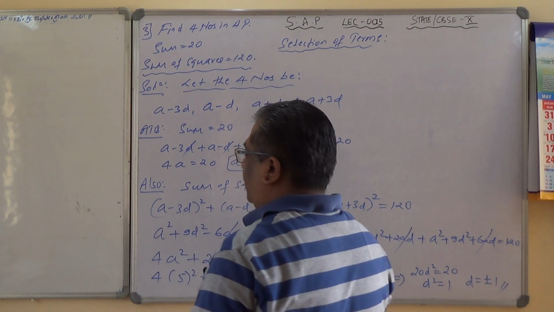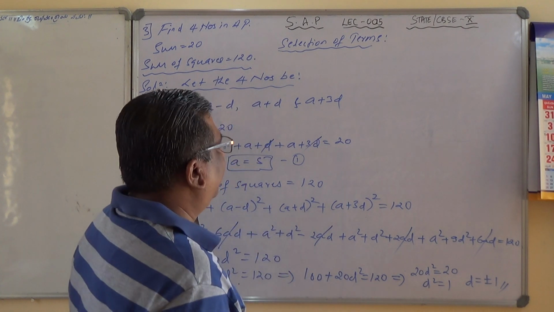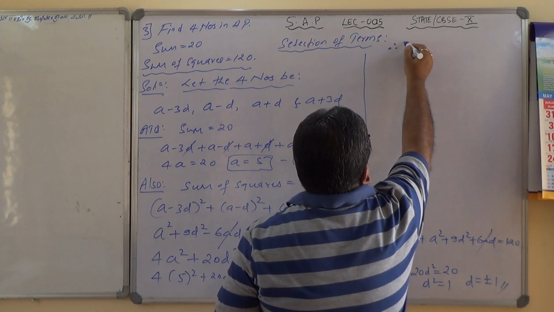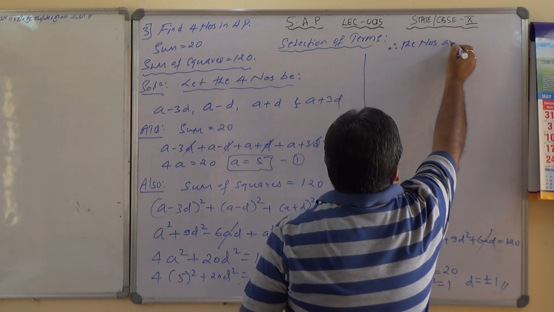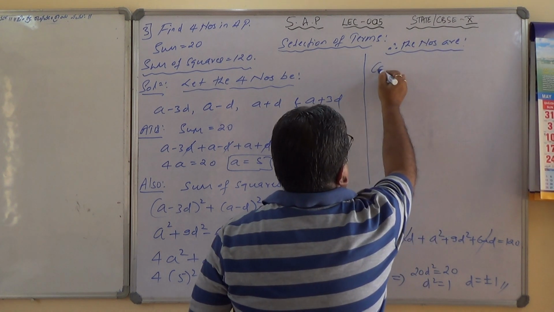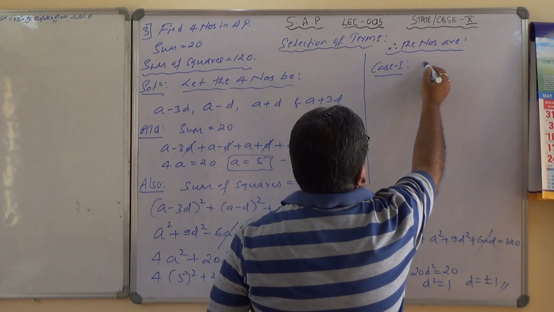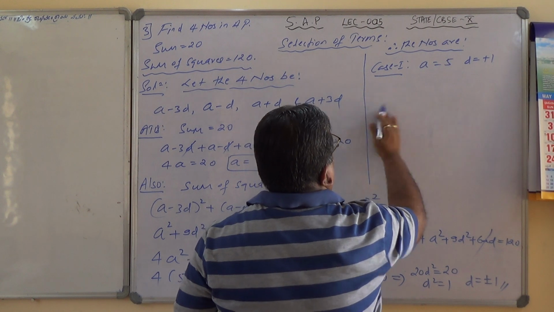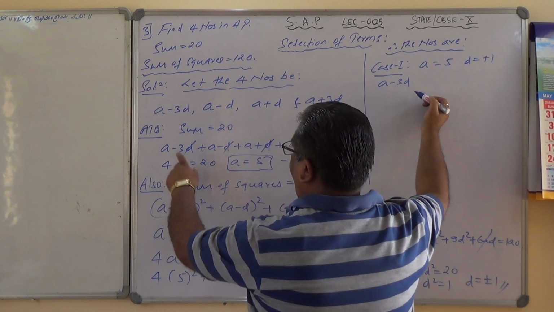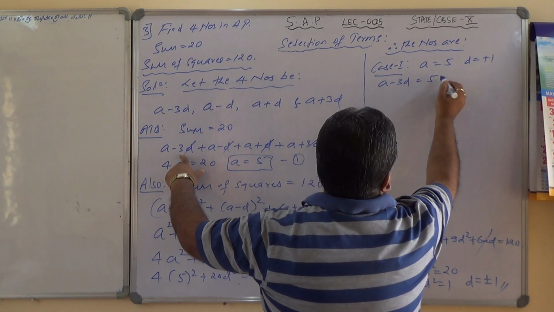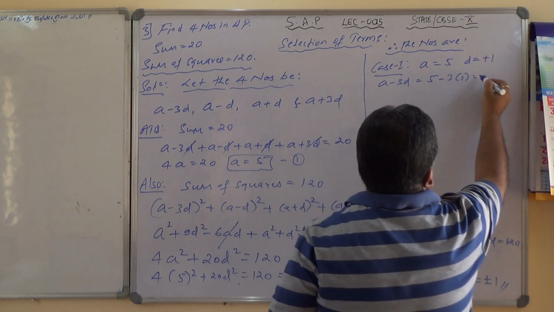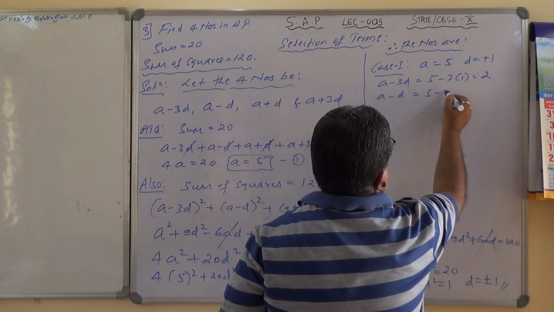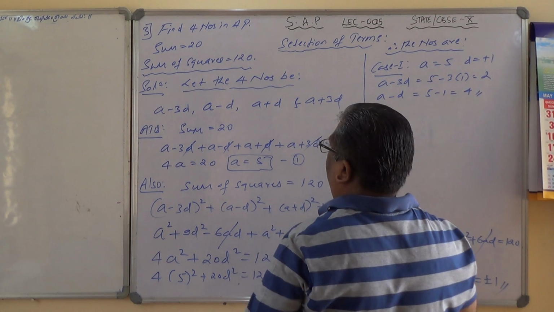Let me check. Correct. d is equal to plus or minus 1, and therefore the numbers are, here again I have case 1 and case 2 to consider. Case 1: a equals 5 and d equals plus 1. The numbers are a minus 3d, which equals 5 minus 3 times 1, which is 2. a minus d, 5 minus 1, 4.